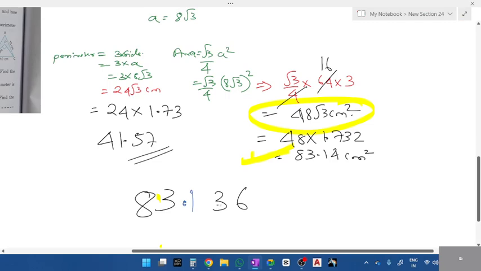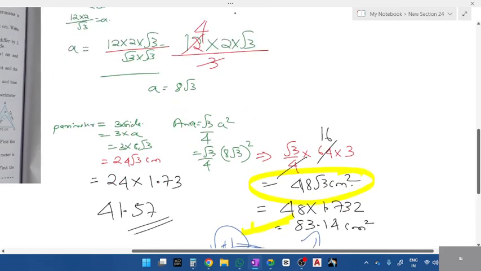Two numbers. So take the third number. Always take the third number. Is it more than 5 or less than 5? If it is more than 5, Anya, the previous number you should increase by 1. So what's the answer? 83.14. Clear?